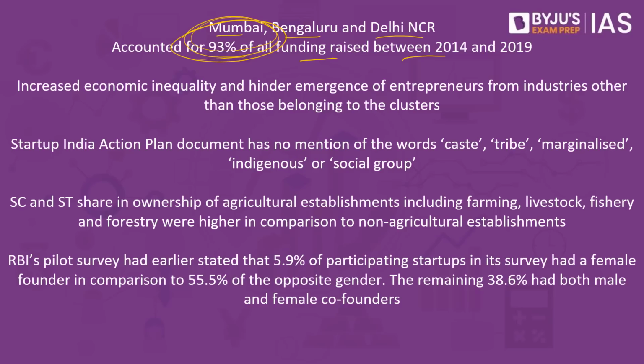The second major concern is that it has increased economic inequality and it might hinder the emergence of entrepreneurs from industries other than those belonging to the clusters. What do we mean by it? Let's say for example, we have these startups from Mumbai, Bengaluru and also from Delhi. Whenever there is a development of these startups, there will be ancillary development of other industries as well. Let's say when a startup comes up in a particular area, there might be development of other industries in and around the startup area. So what would happen?